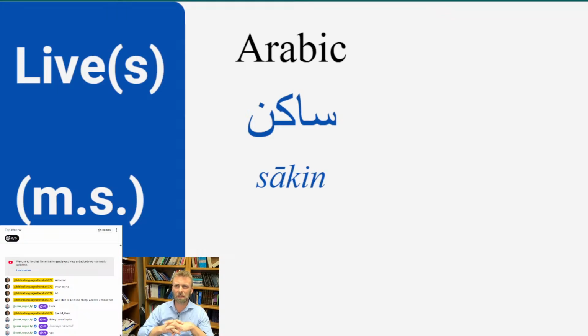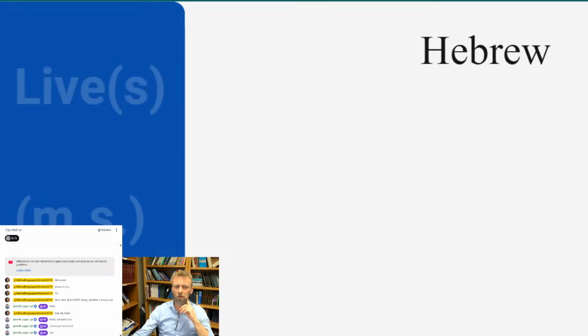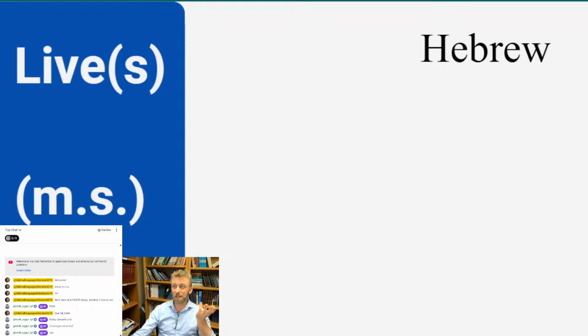It's not a full verb. Participles are technically verbal nouns, but they often function as verbs. So a little bit tricky how Semitic languages deal with them. All right, and then in Hebrew, we deal with the same thing. We're going to have a masculine singular form. Technically, it's not a verb, it's a verbal, it's a participle.